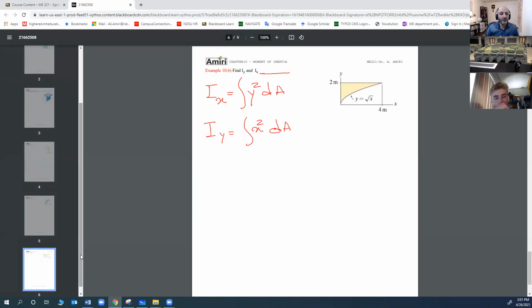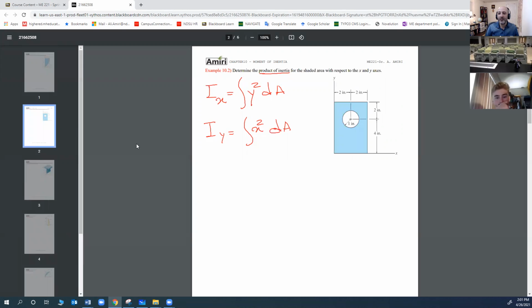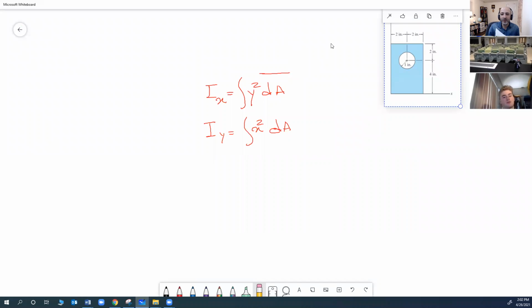But for this, I see a rectangle and a circle, and I'm thinking there should be a better way of doing this, so I don't have to integrate over and over for a circle or a rectangle. And there is a better way: using tables of pre-calculated values for these shapes. Before doing that, let me just break it down a little bit.